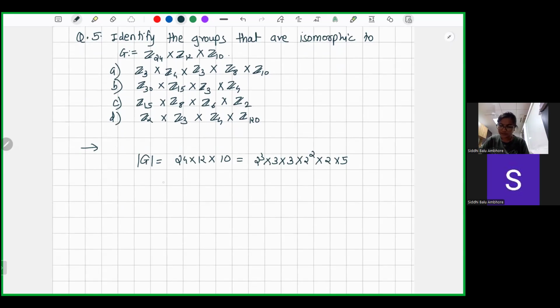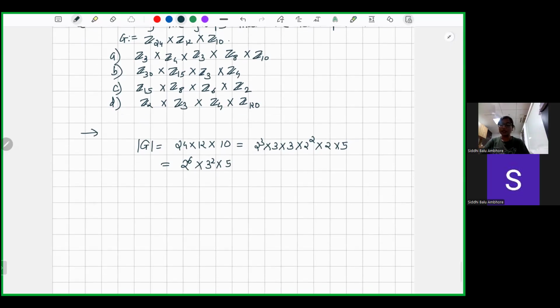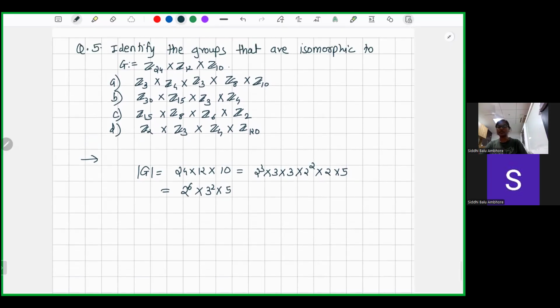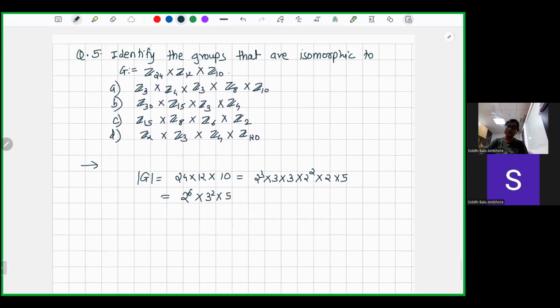And this is 2 power 6, 3 square into 5. Okay, so we have to start checking for this isomorphism. So now, as I said, check for the orders. Here, this group is of order. Let me just calculate this.